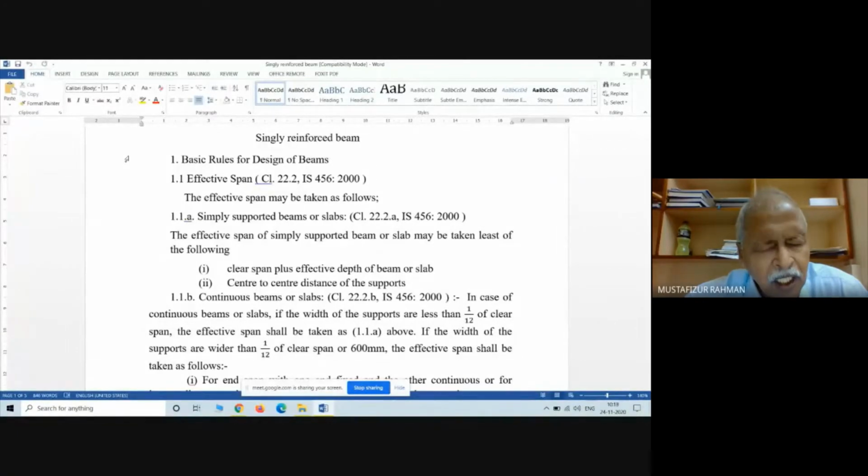We had not studied the bent-up bars because in our normal construction, the bars are not bent up, rather it is curtailed. But in exceptional construction, say in case of a bridge, the bars from the bottom zone are transferred to the upper zone, but here it is not done.